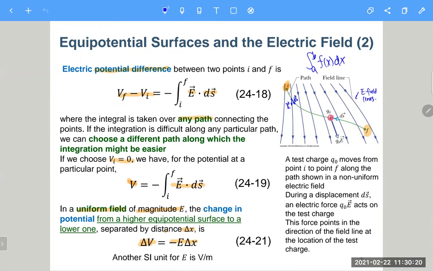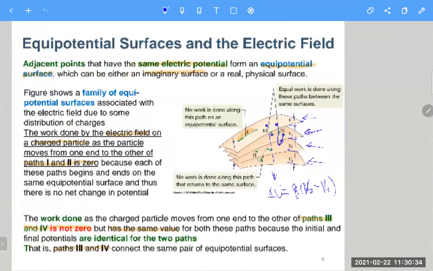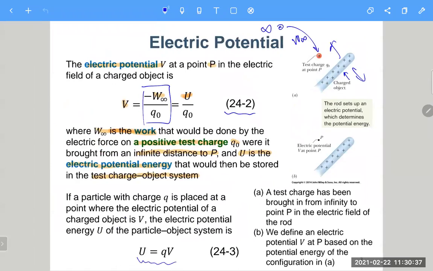And actually, one thing I forgot to mention is, for the voltage, or the electric potential V, the SI unit is V, volt. Sometimes I will call the electric potential the voltage.